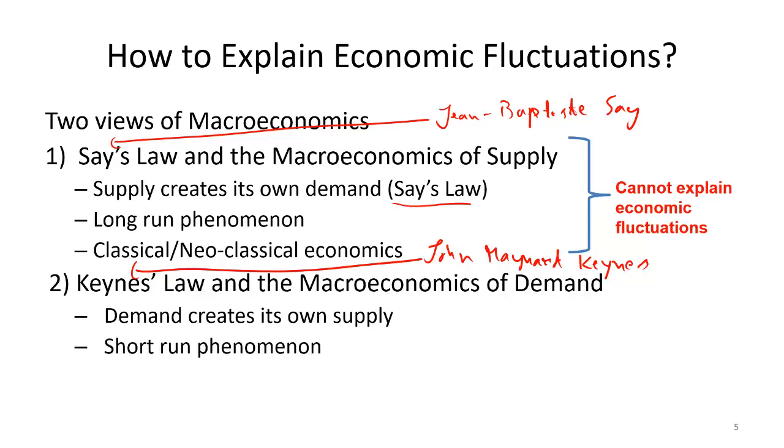Often it's said that Keynes's theory of demand creates supply is applicable in the short run. And this is true to an extent, because in the long run everything gets adjusted. However, we live in the short run because in the long run we are all dead, as Keynes said.